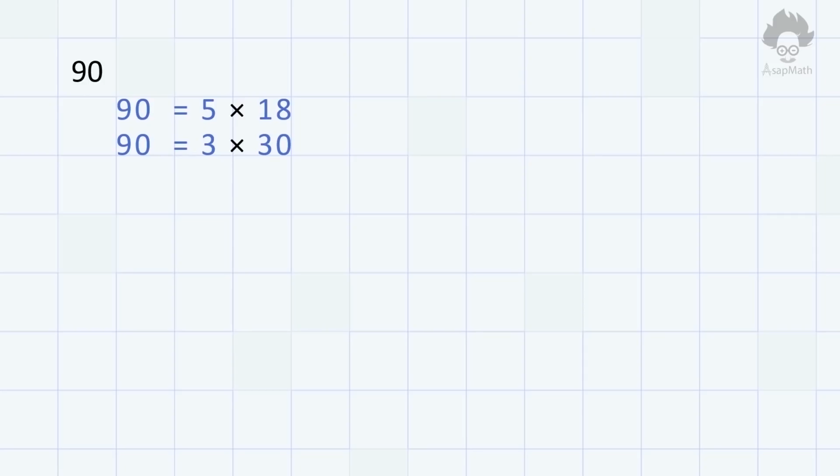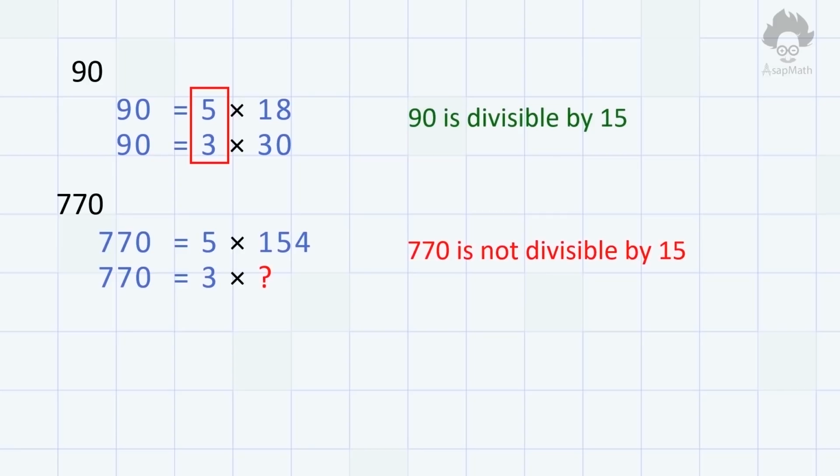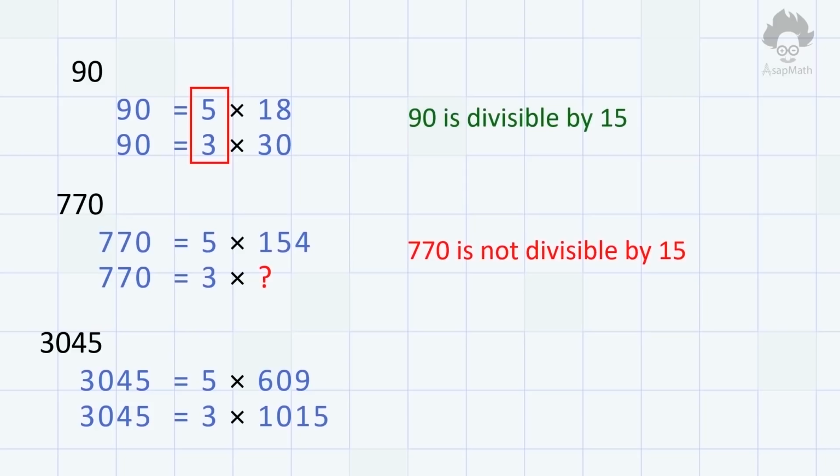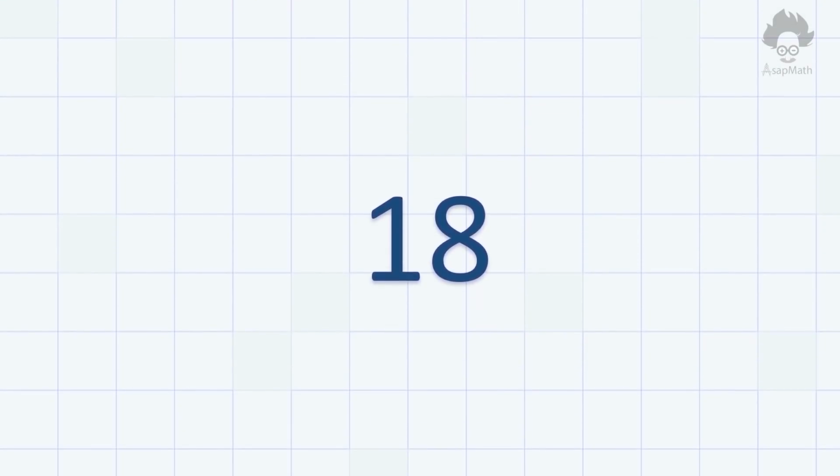And 90 is divisible by 15. It is not divisible by 3. So 770 is not divisible by 15. The last number of this set is 18.